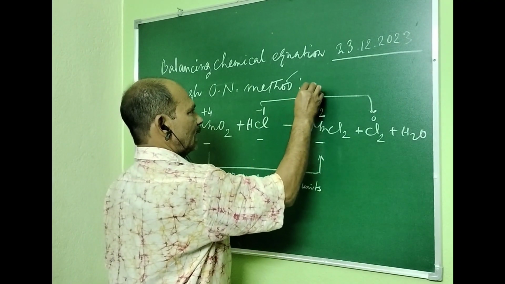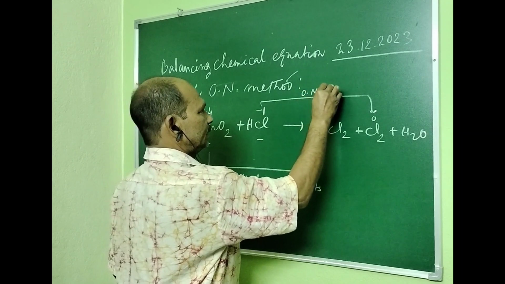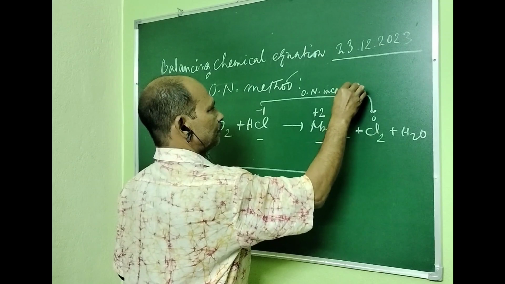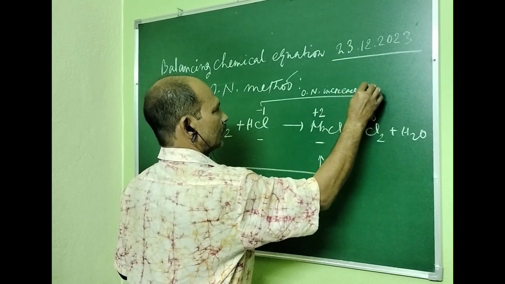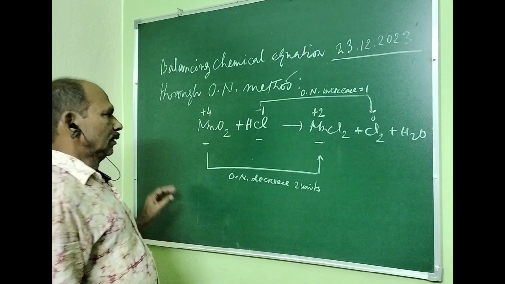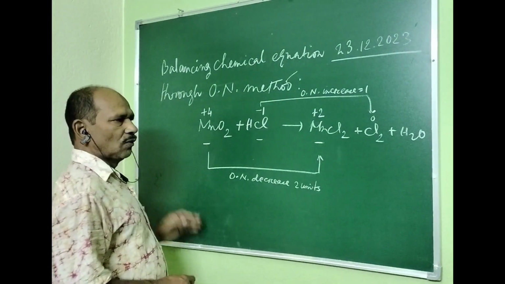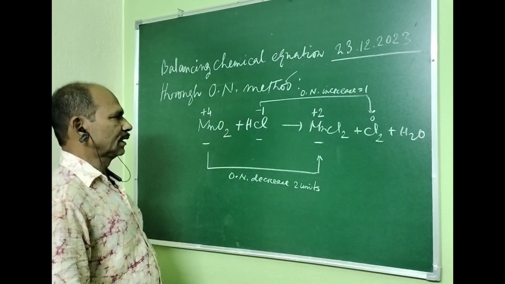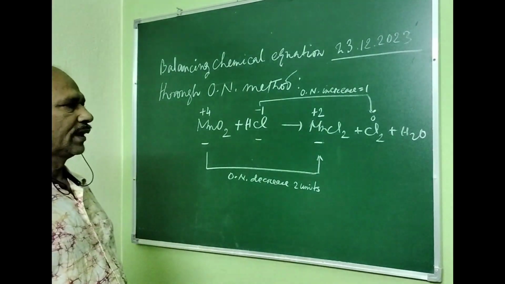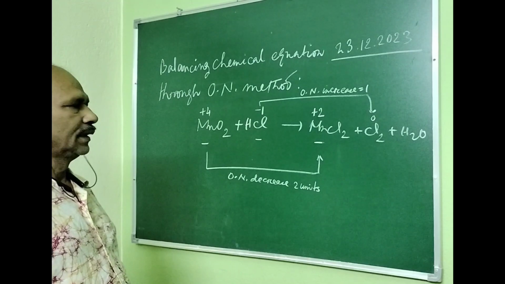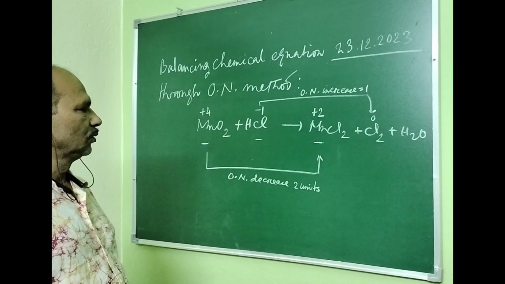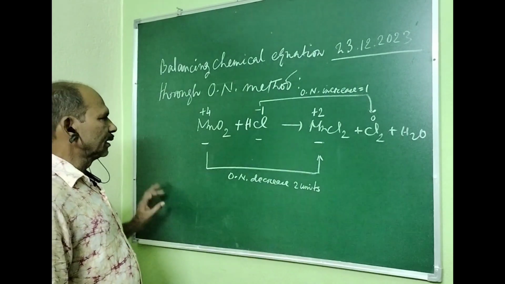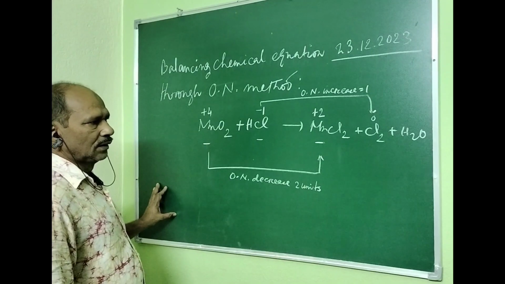The oxidation number increases for one atom by 1, so at least one chlorine molecule will be produced considering these factors. For 2 chlorine atoms, the increase of oxidation number is 2. So the change of oxidation number is here.